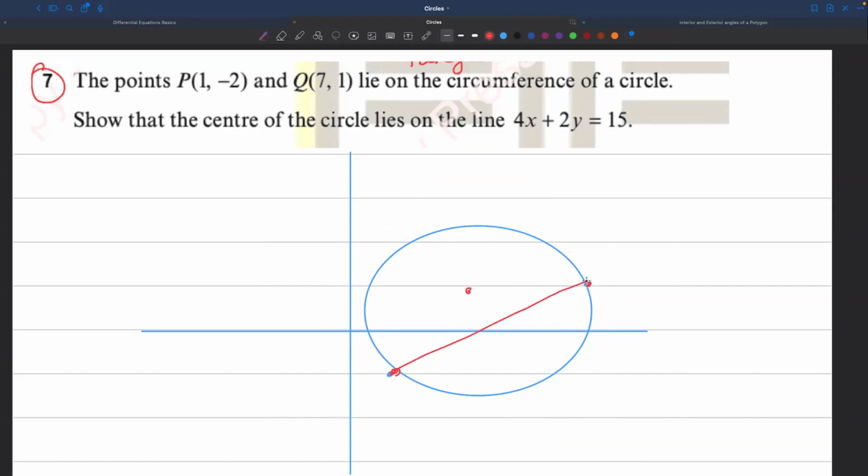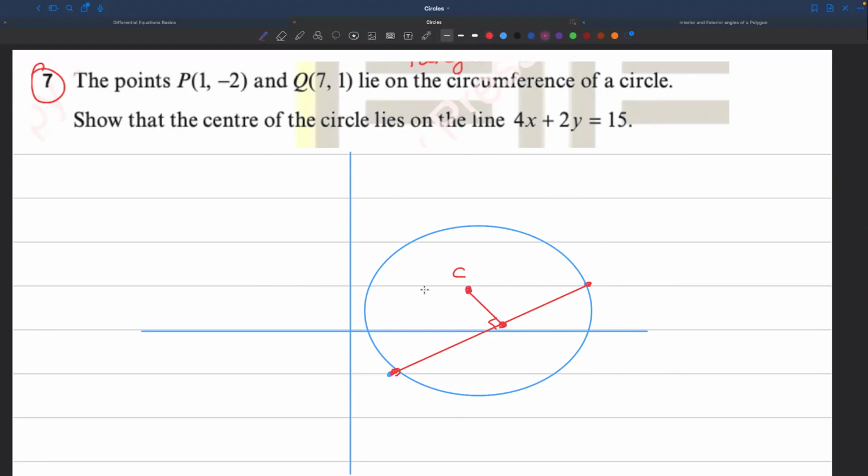Now, exactly. Beta, if you remember your circle properties well, let's say this is the center, this line will be exactly perpendicular to the chord, right? Okay. And this point will be the midpoint. Okay. Can I find the gradient of this line?